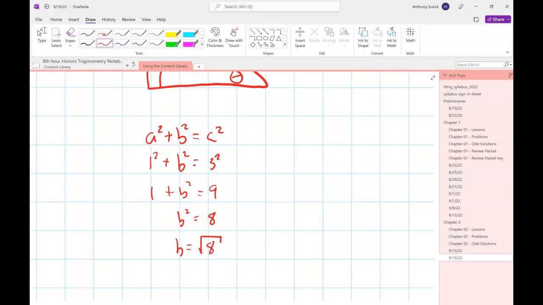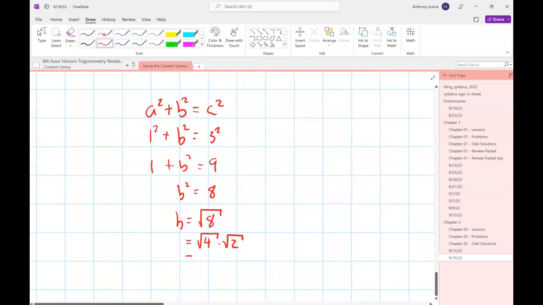What do you notice about the square root of 8? You can simplify that, right? Do you remember how to simplify radicals? You're looking for factors that are perfect squares. So what factor of 8 is also a perfect square? 4. So I can just think about the square root of 8 as the square root of 4 times the square root of 2, or 2 root 2.